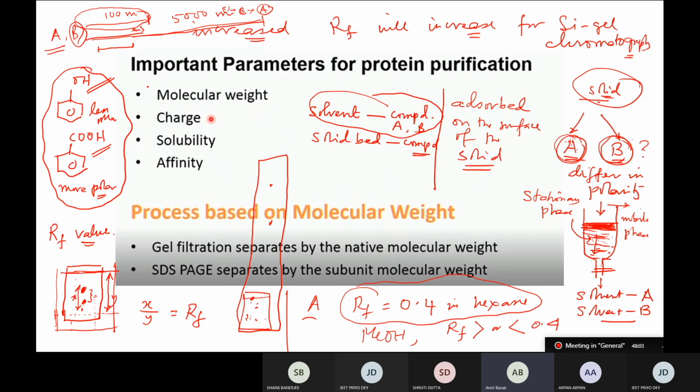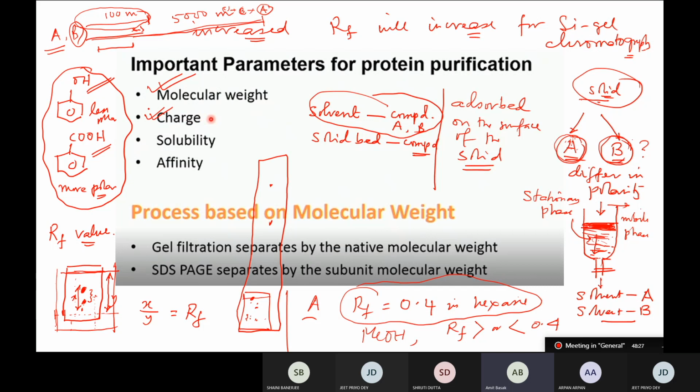One is based on the molecular weight, which is understandable: heavier molecules will move slower, and lighter molecules will move faster. Another is based on the charge: molecules with higher charges, suppose positive charges, move faster.